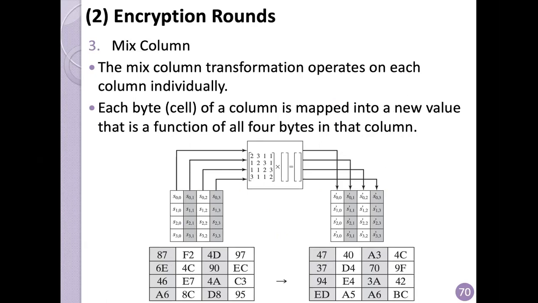The third thing we do in AES encryption is called mix column. The mix column is basically a function or a transformation that operates on every column individually. So it looks at the values of the whole column and determines the value of this cell.